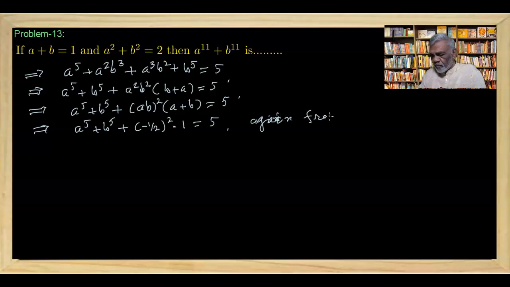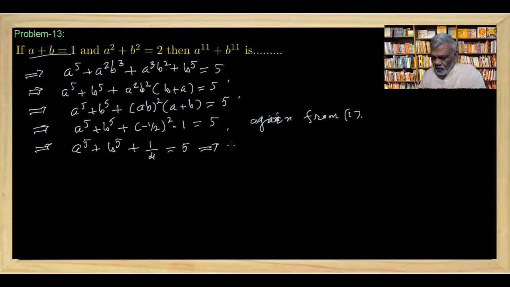Again from 1, and from this also, this will give a raised to 5 plus b raised to 5 plus minus 1 by 2 whole square, means 1 by 4, is equal to 5.